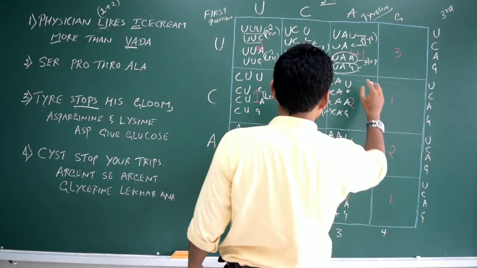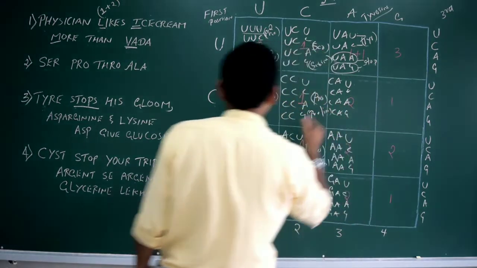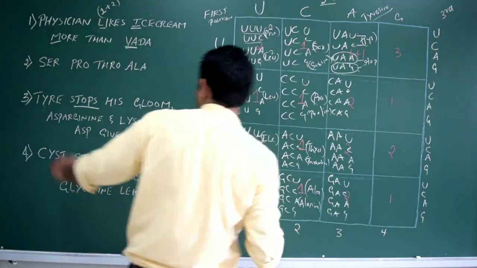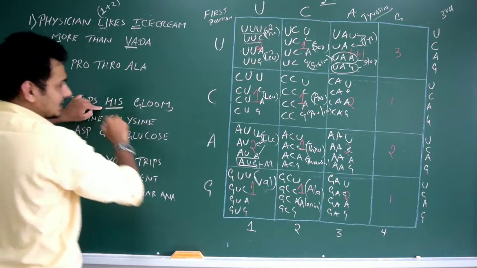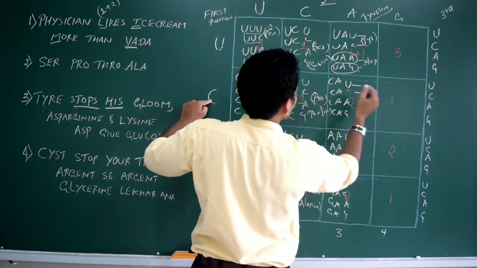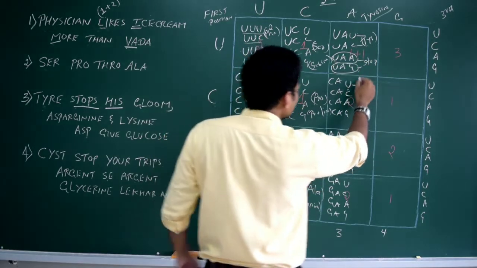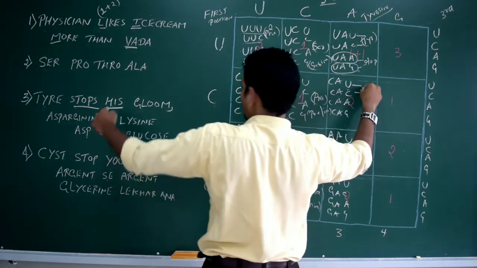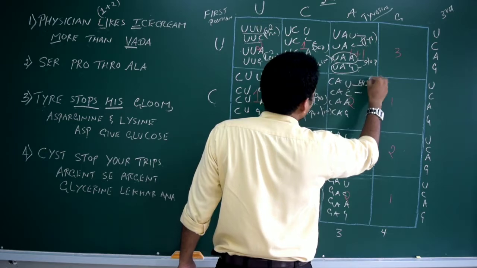Next we are going to the second box of the third line. Again, two amino acids are there, so we take the first two, CAU and CAC. These two codons will code for histidine.